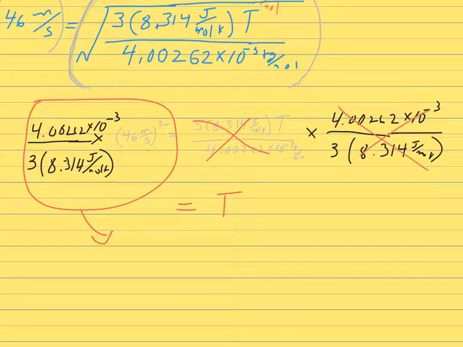All right, 4.00262 EE negative 3 divided by 3 divided by 8.314 times 46 times 46 equals a really, really small number here.